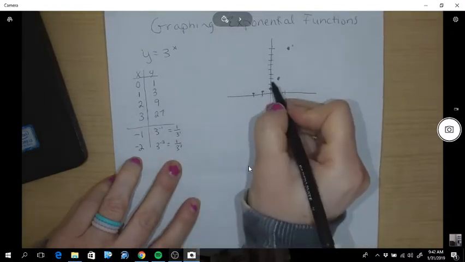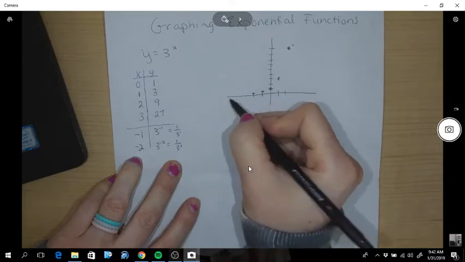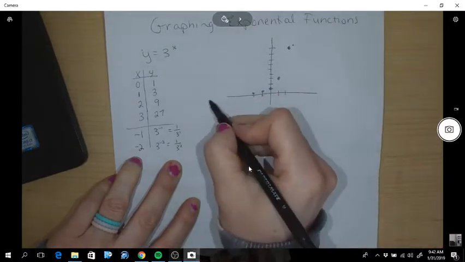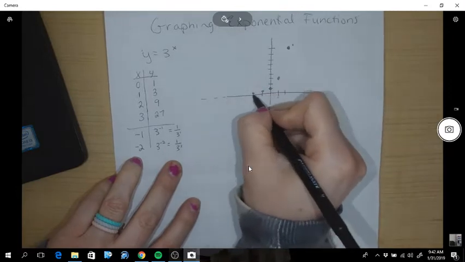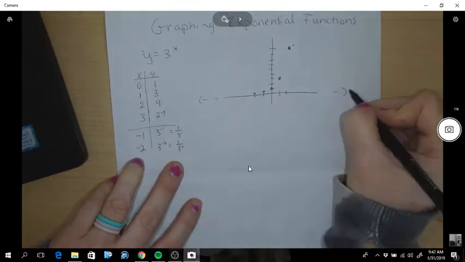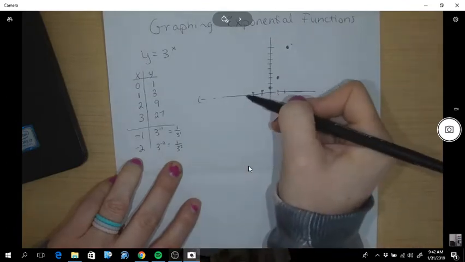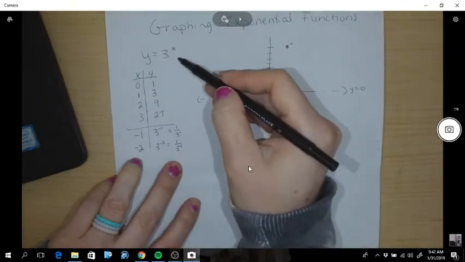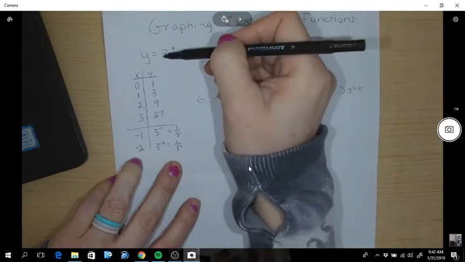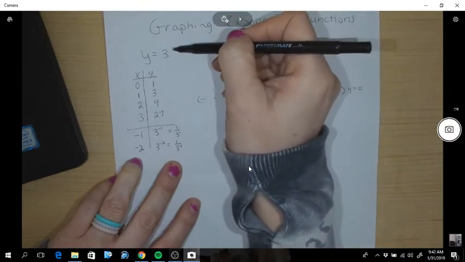So you can see that I'm getting closer and closer and closer to 0. Okay? We are going to have a horizontal asymptote at y equals 0, and the reason is because this value is never going to be negative. Okay, do you understand why?